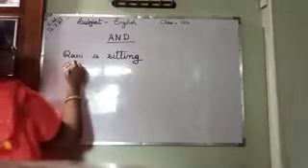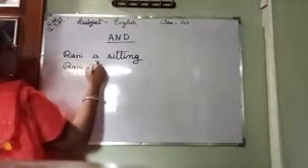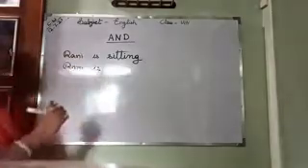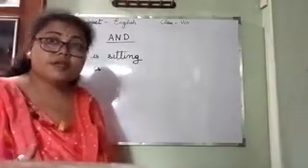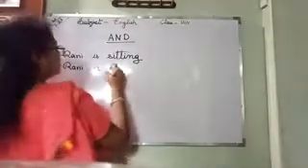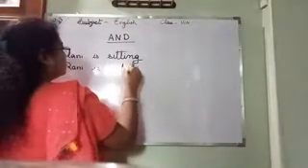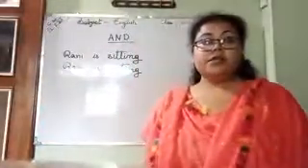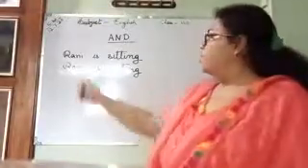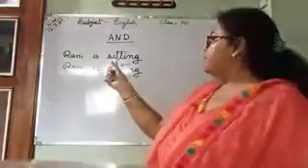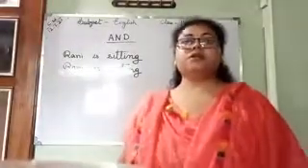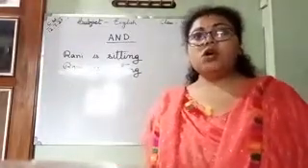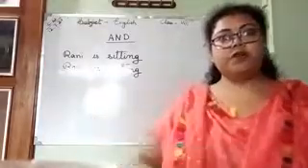Okay? Rani is eating. And Rani is eating also. Okay? Now we want to join together. Rani is sitting, also eating means sitting, then eating. So, for joining them, what am I going to write?